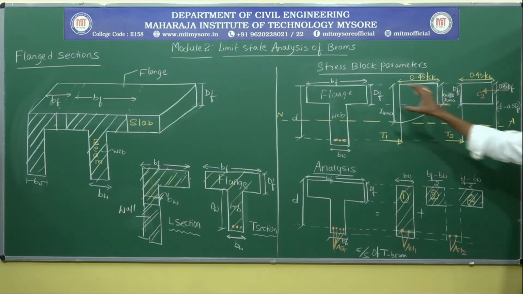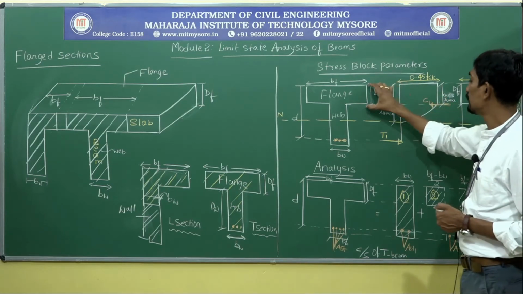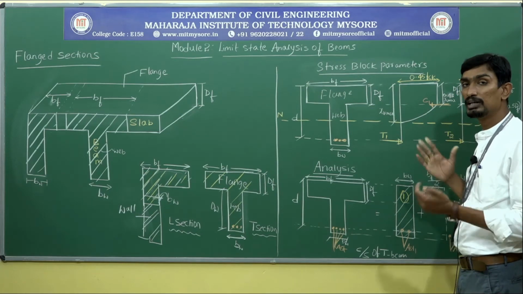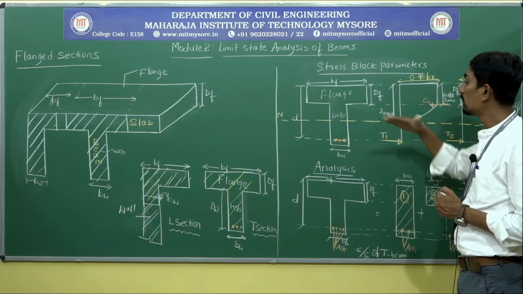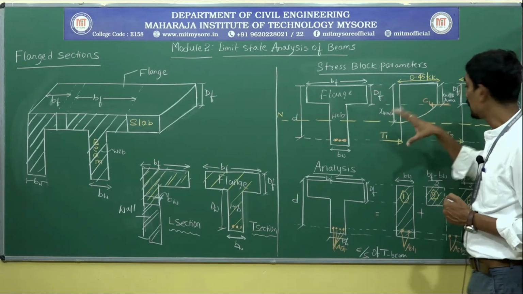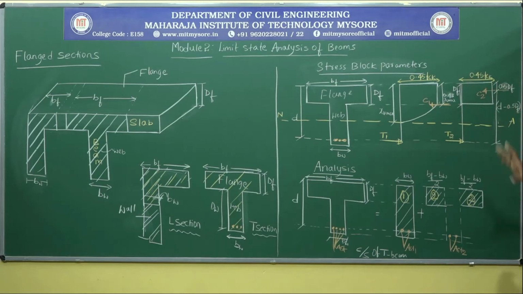Hope you know that. This flanged portion I am going to divide into two compressive forces. One will be acting at the edge and another at the middle portion, and the corresponding distances have been noted. This is the stress block parameter for a T section.